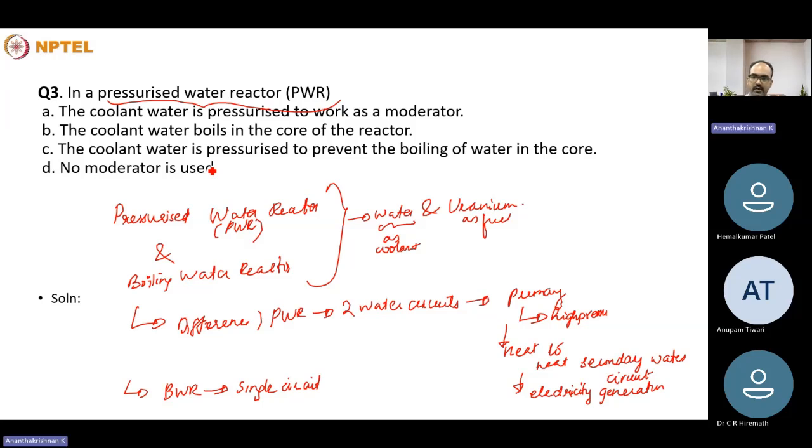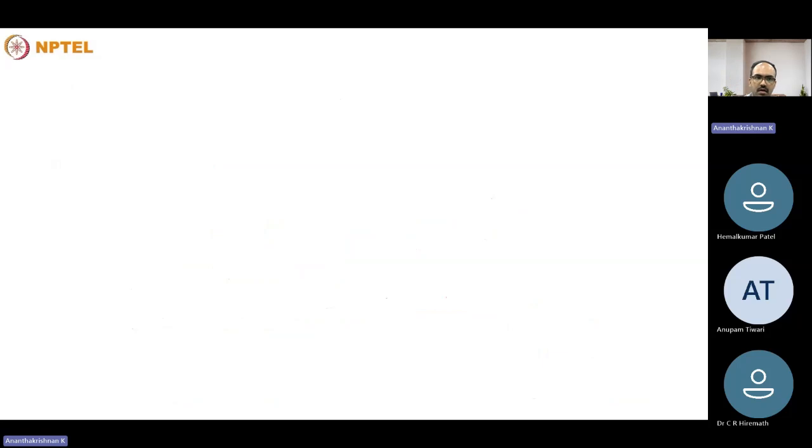So as I tried to explain in one of the earlier discussions, a moderator is something that slows down the neutrons produced during fusion, making them more likely to cause further fission reactions. So the moderator is a material used in nuclear reactors that will reduce the speed of the neutron produced.